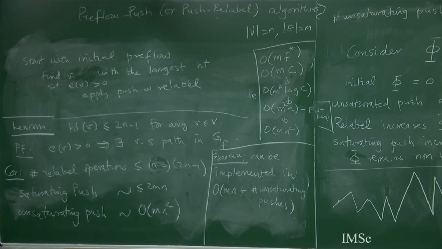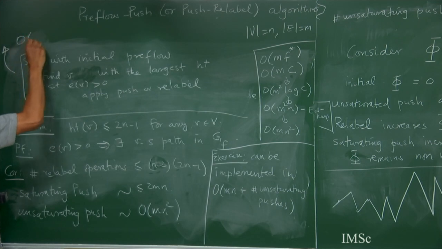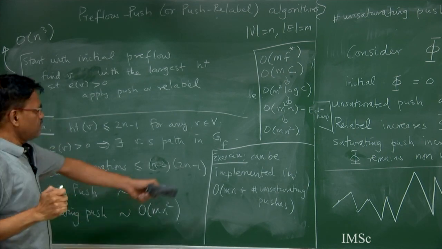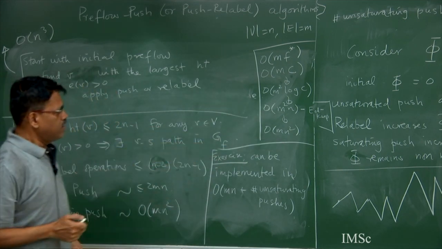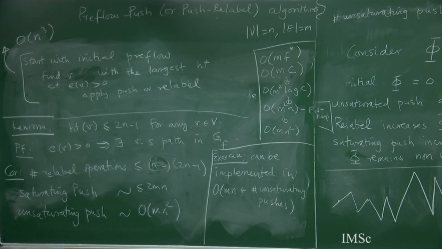So initially everybody has height 0 except s. So it will be an arbitrary vertex, but as you move on, you will find a vertex with the largest height and then do this push. The number of moves is order n cubed. Okay, that's better than mn squared, especially for a dense graph.